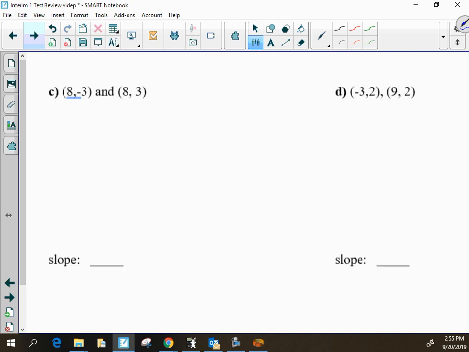For C and D, you need to use the formula for finding slope, which is the difference in the y's over the differences of the x's. Remember, that's where you measure change in math with subtraction, so the change in y over the change in x. I strongly recommend that when you do this, you write in these so you can track what you're doing.